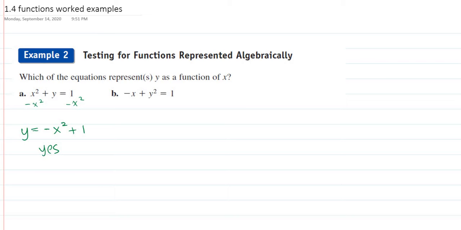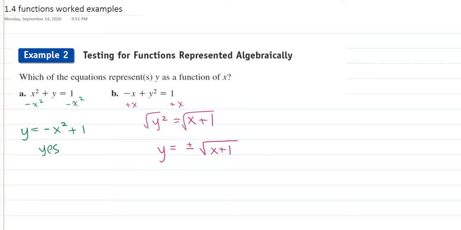For b, again, we're going to solve for y. So add x to both sides, you get y squared equals x plus 1. Then I have to square root both sides. Recall that when you square root a variable that you get two possible results. So this is a plus or minus, square root of x plus 1.